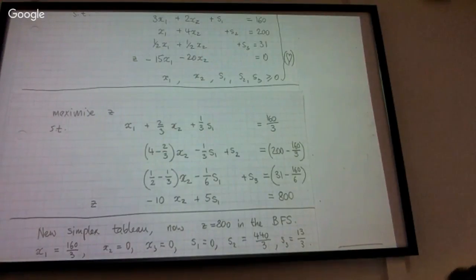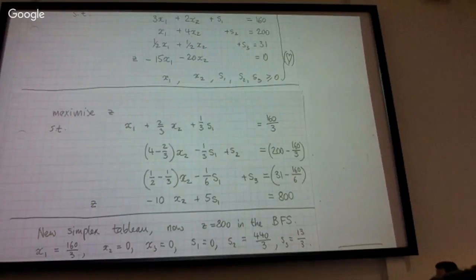And I didn't quite tell you, because we ran out of time, how you can tell whether it's optimal or not. The way you can tell whether it's optimal is you look at the Z equation. In the Z equation you always have one Z, and then you have some coefficients times some of the non-basic variables, and then you have the right-hand side, which is the value of the objective in that particular basic feasible solution.